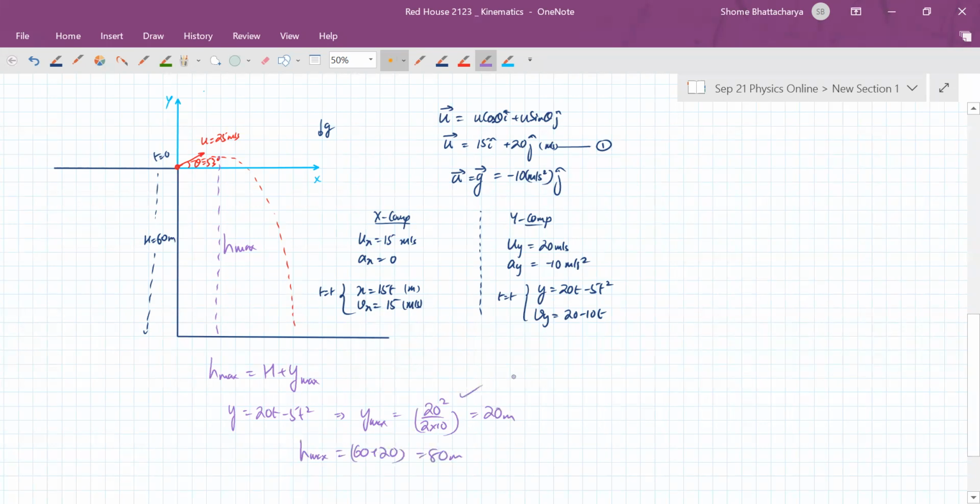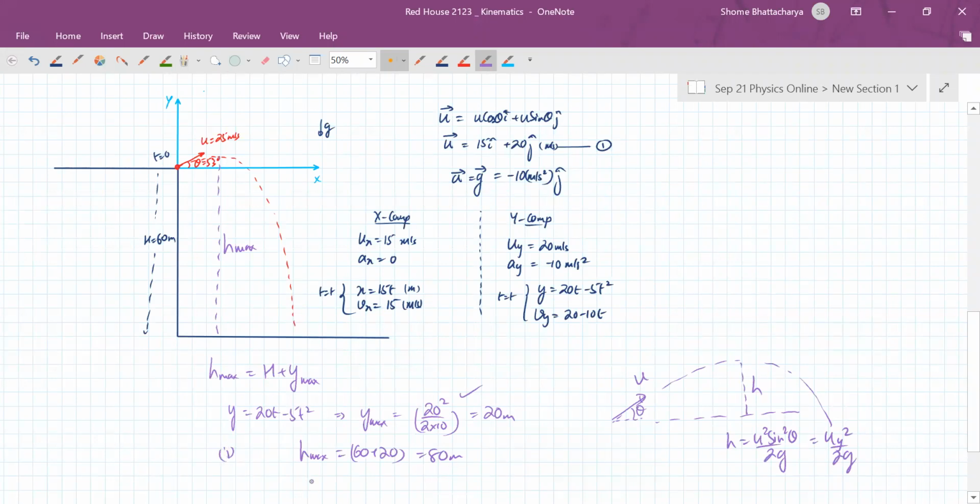Here I've just directly used that formula. I didn't get into the derivation of the maxima because I know this already: if this speed is u and this angle is theta, then from the horizontal level at which we have projected, the maximum height is given by the formula u square sine square theta by 2g, or uy square by 2g. That is this part. And then to that I've just added the height from the ground for that horizontal level. So this is the answer to the first part.